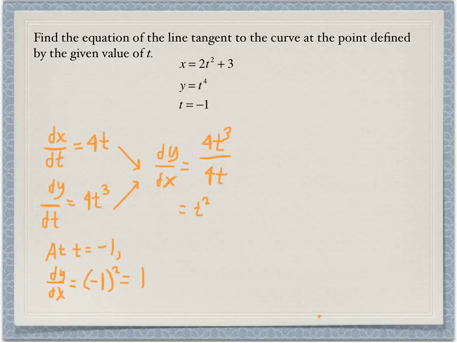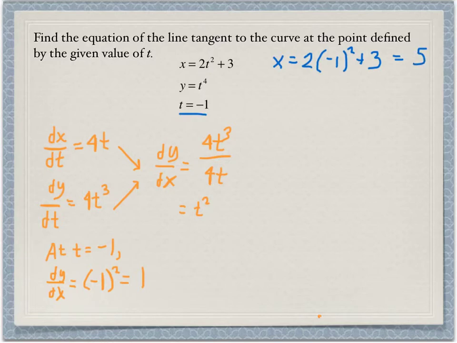Okay, now we actually need to get to the equation part. I'll change colors here to help us out. And we'll do that in a variety of ways. So notice it gives us particular x values, but we do know that t is equal to -1. So if I just plop that -1 in place of t here, let's see what we get. So -1 squared is 1, 2 times 1 is 2, 2 plus 3 is 5.